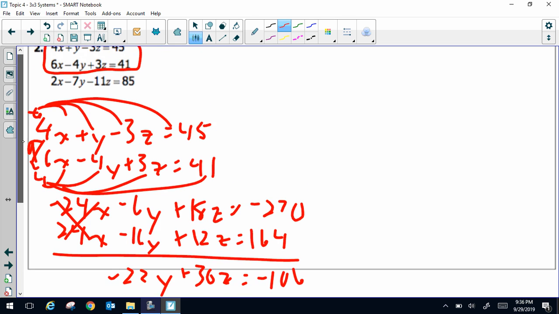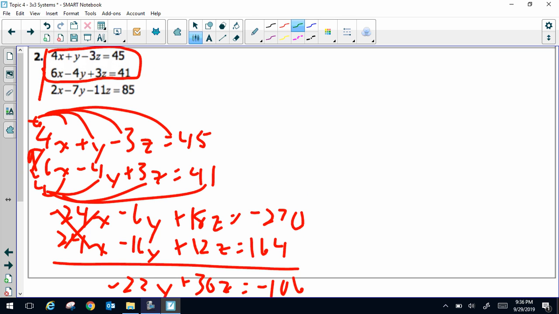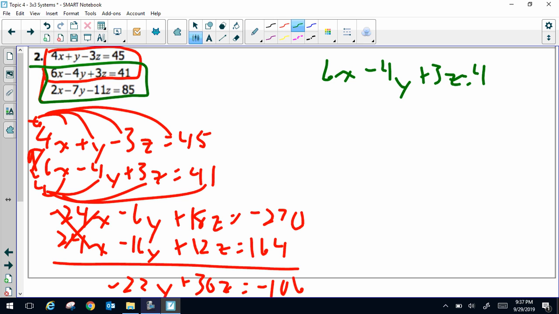Okay, then you repeat this process for the bottom two equations. So you get 6x minus 4y plus 3z equals 41. 2x minus 7y minus 11z equals 85.